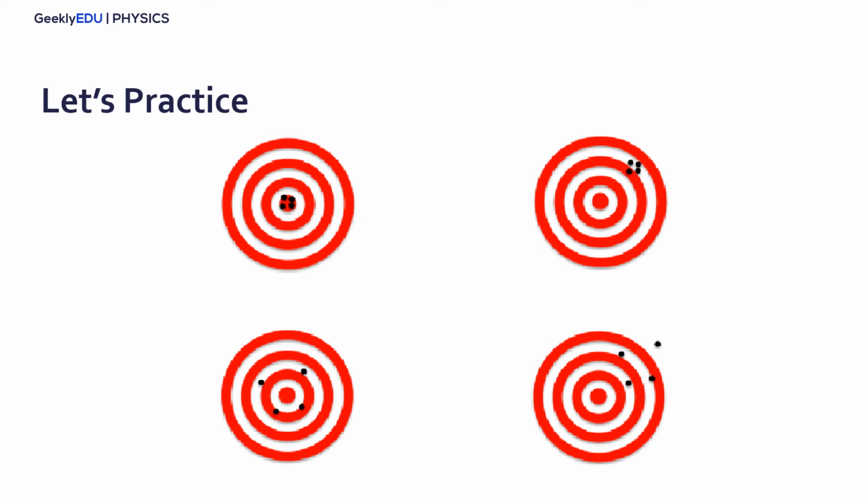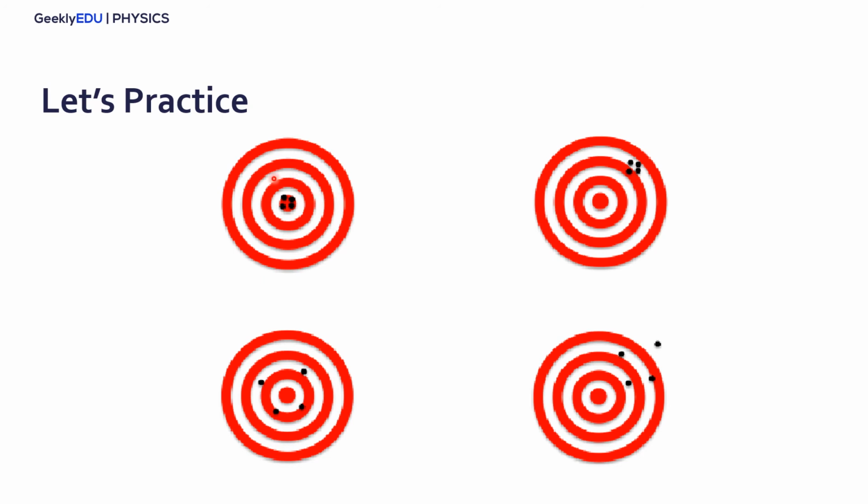Okay, now that you learned about all those concepts related with measurements in physics, let's put it to practice. So imagine we have a shooting competition, okay? And these are the results for 4 different shooters. And we want to analyze them in terms of accuracy and precision, okay? Let's start with this one top left here.